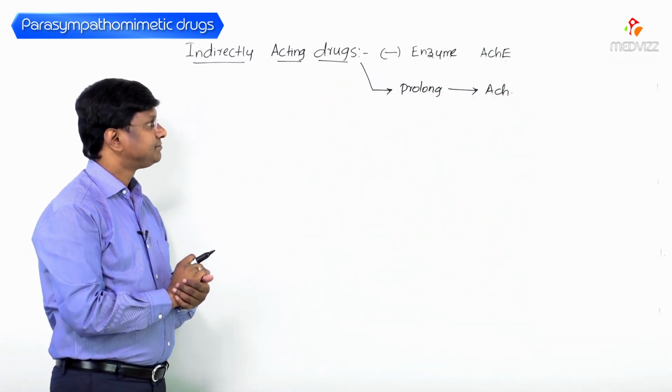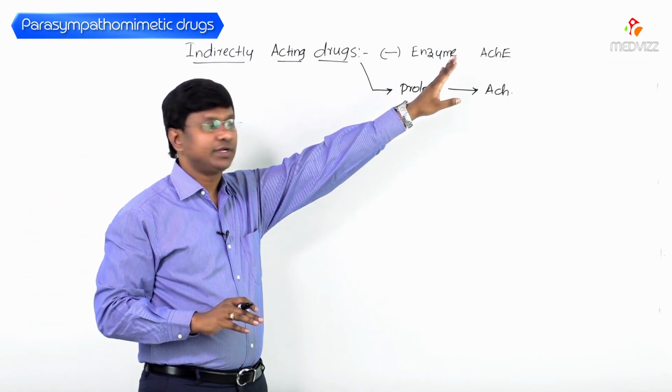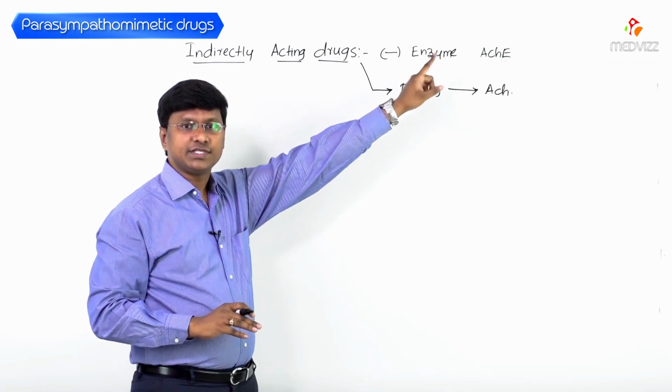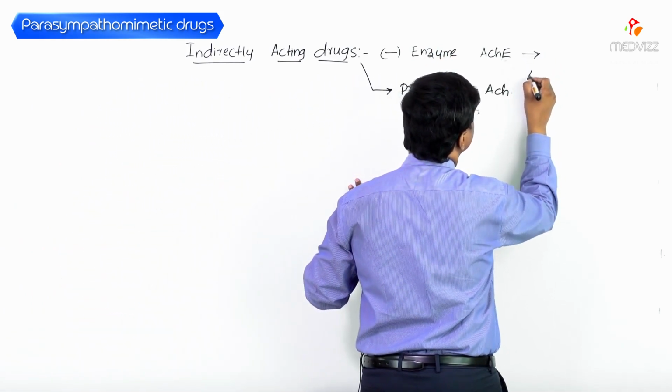Next, because they are inhibiting the enzyme acetylcholine esterase, these drugs are also known as anticholinesterases.